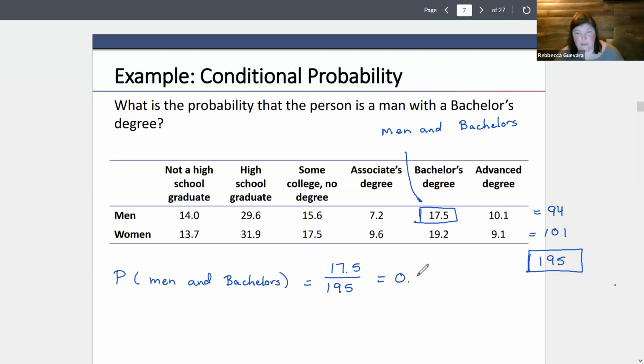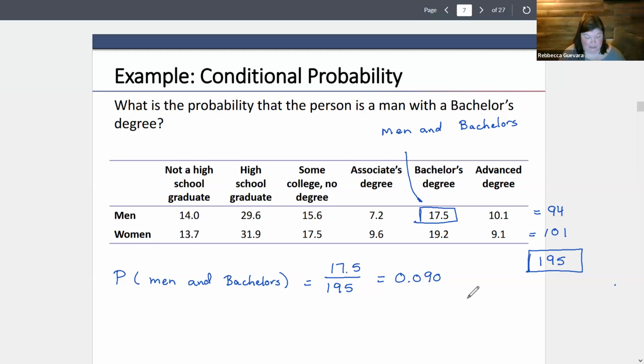And this is going to be 0.09 if I round it to 3 decimal places. So where we had a 48% chance that a randomly selected person is male, we have a 9% chance that a randomly selected person is male and they have a bachelor's degree.